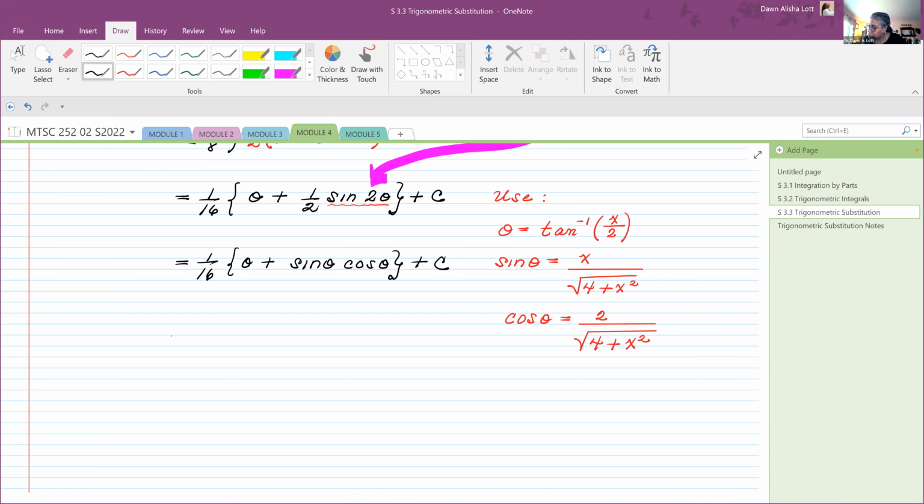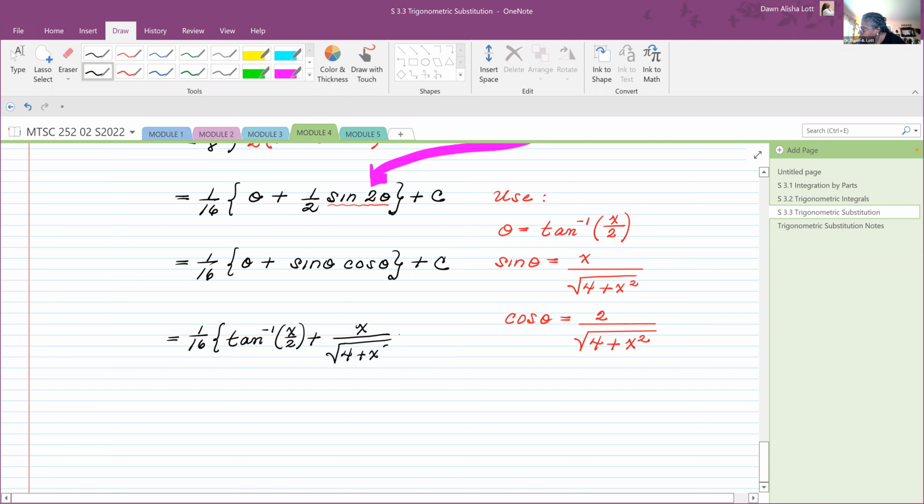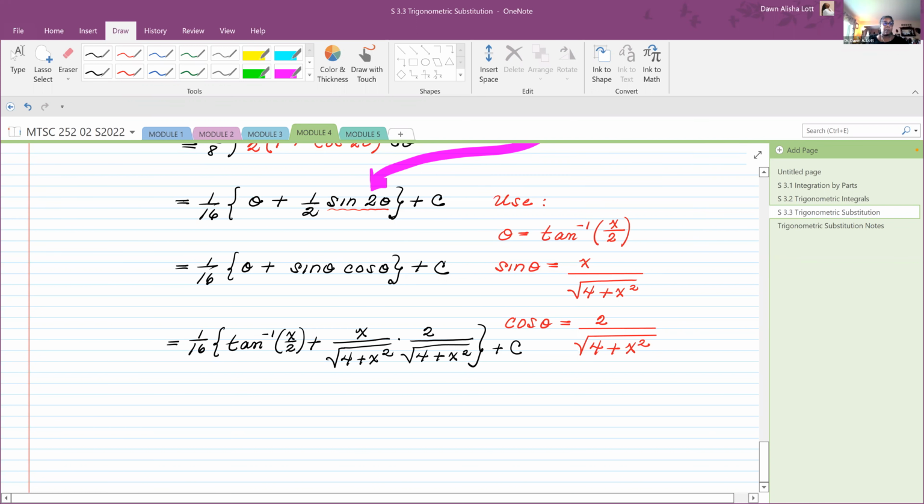Okay. So this gives me 1 over 16. Theta is the tan inverse of x over 2, plus the sine of theta is x over the square root of 4 plus x squared times 2 over the square root of 4 plus x squared plus constant. And so now I'm done. So now I can put this here.